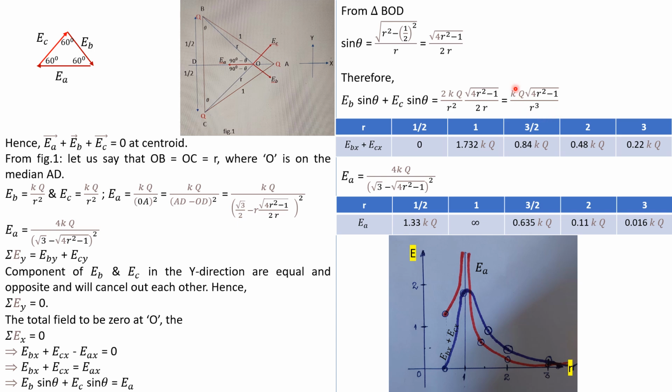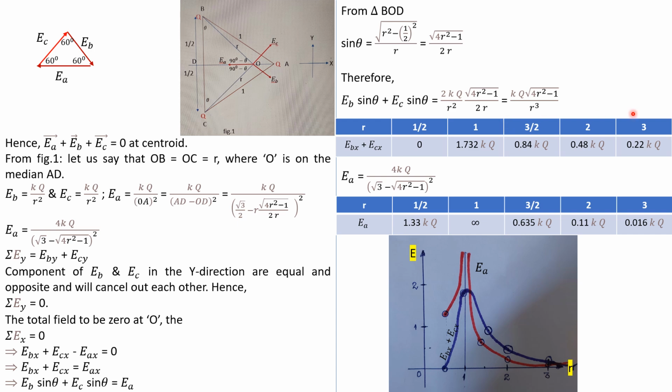So we will plot the graph for this. We have taken a few values here. Why has it been taken from 1 by 2? Because if you keep the r value less than 1 by 2, this will become imaginary, but we have to find the real points. So at 1 by 2 it is 0, at 1 it is this much, at 3 by 2 it is this much.